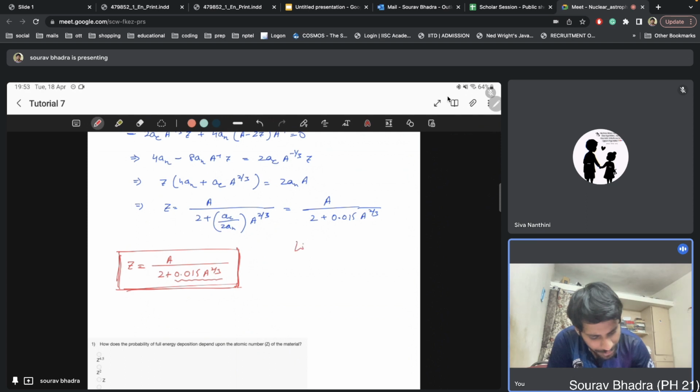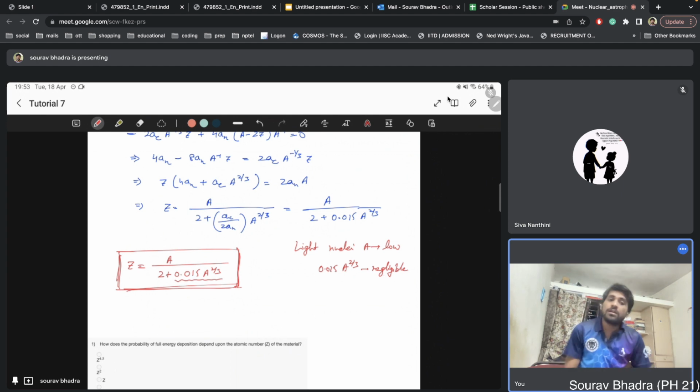That means for light nuclei, where A is low, the 0.015 A to the power 2/3 term is negligible. This is for light nuclei only, not for higher mass nuclei, where you have to use the total expression. I am just doing an approximation for light nuclei. So you can write Z approximately as A by 2.